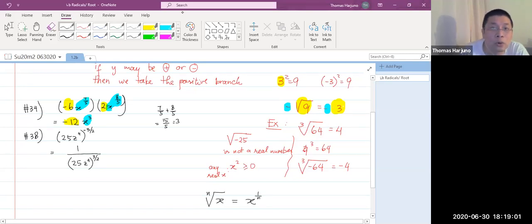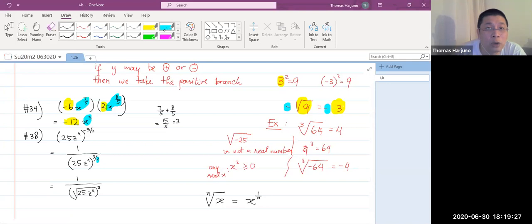So the over 2 here means square root. Let me write it first. We can see this as 1 over the cube of the square root of 25c to the 4.